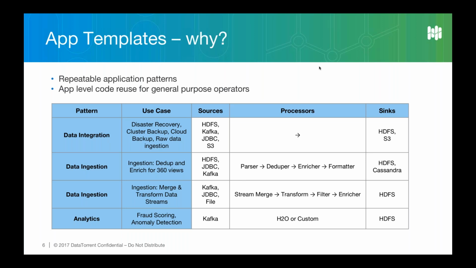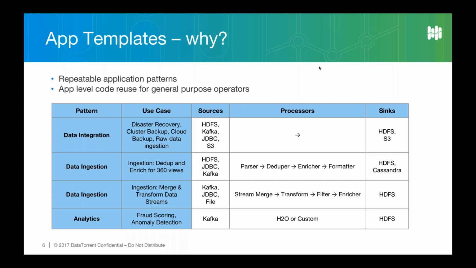So earlier I talked about the repeatable patterns. What are these repeatable patterns that give us these app templates? The most common pattern we see is data movement, moving data from A to B. Some examples are in disaster recovery, moving data from the production data lake to the backup data lake.